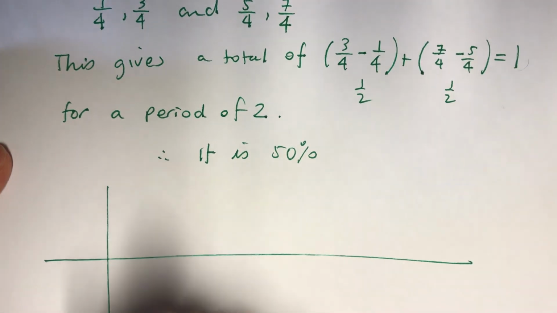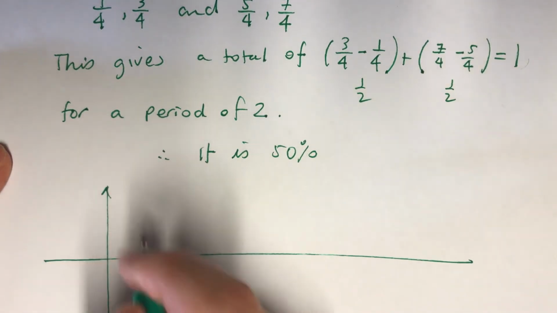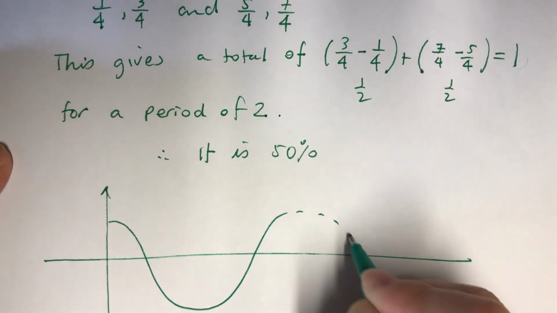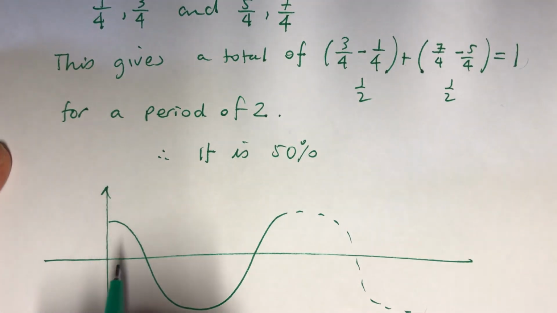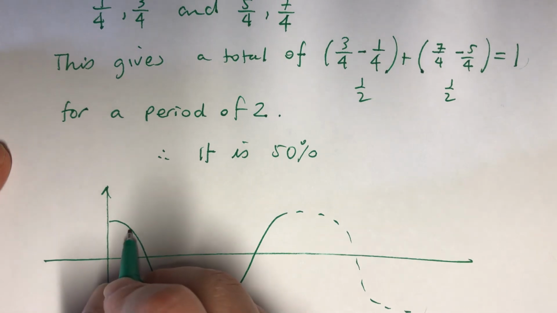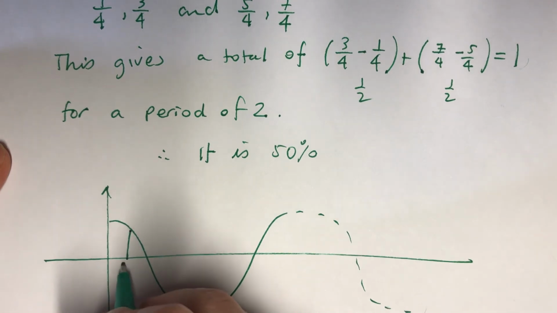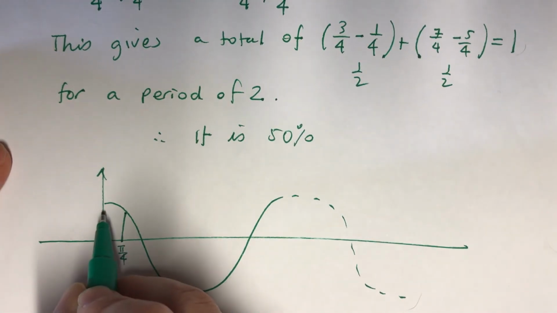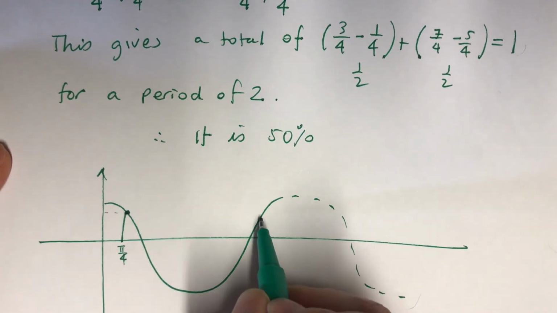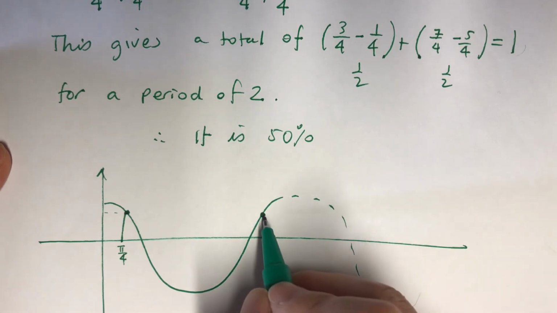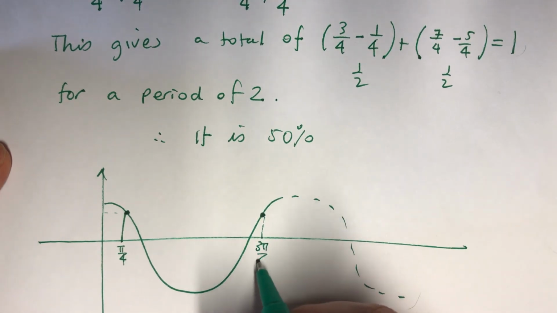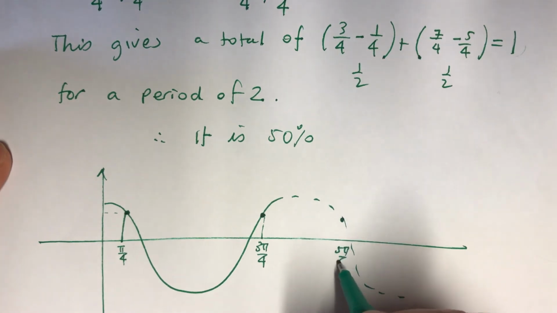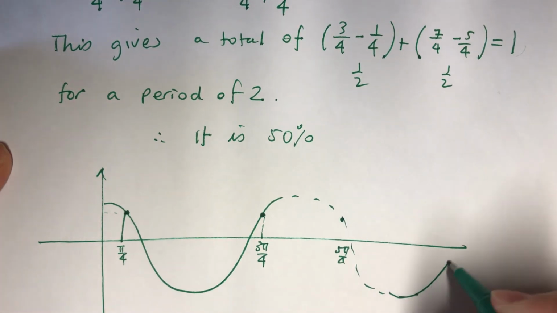I'm just going to draw the graph here. That's 1 over 4, 45 degrees, and here is 3 pi over 4, here 5 pi over 4. I'm just going to keep going.